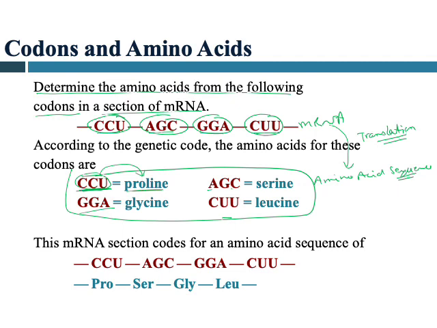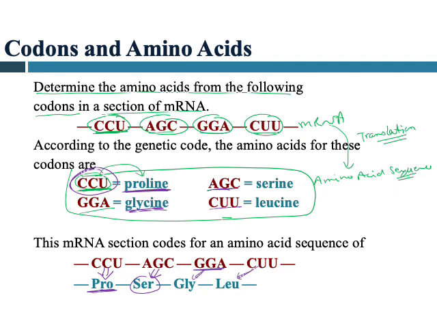So first you have CCU. With CCU, the first amino acid is going to be proline. Then you have AGC, which is serine, CGA is arginine, and CUU is leucine.